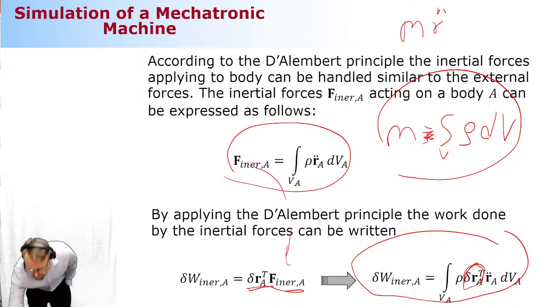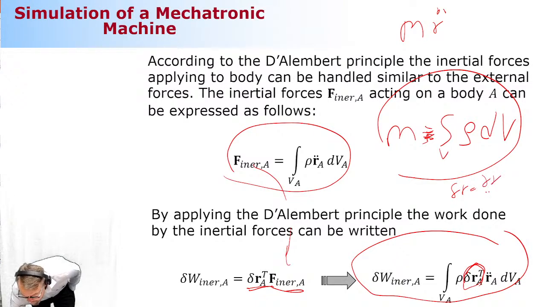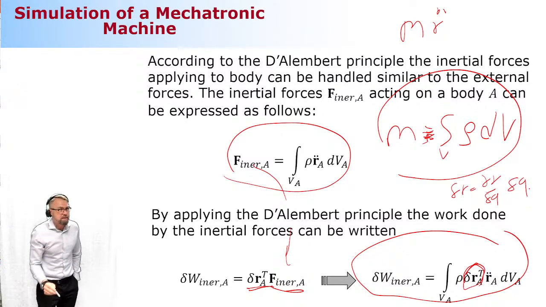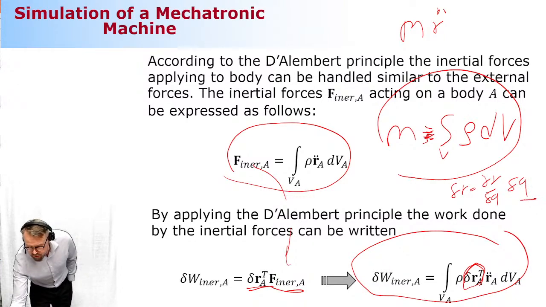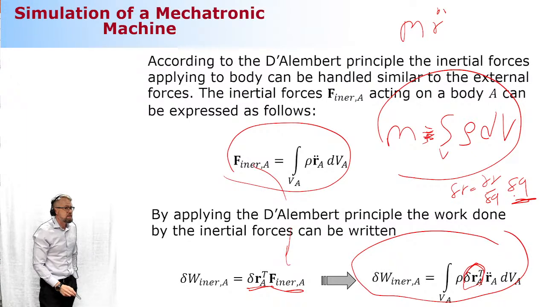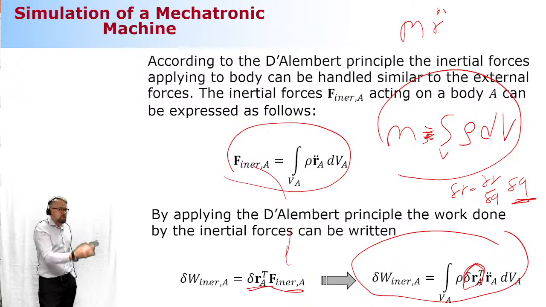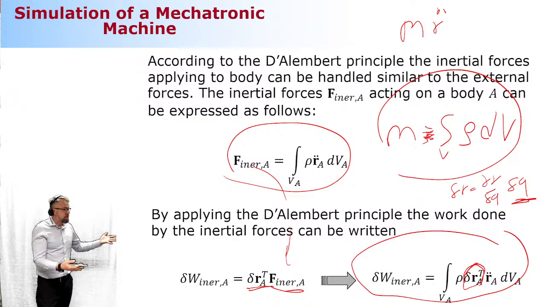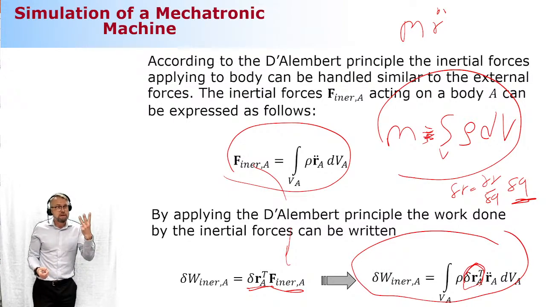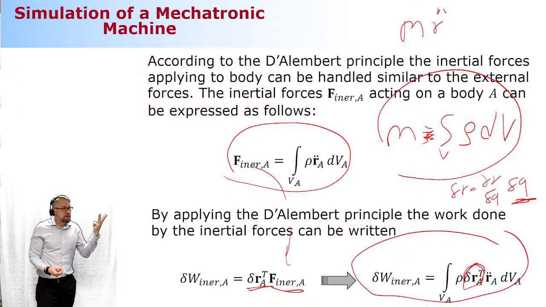I want to use the relation that I learned earlier today to express the virtual displacement using generalized coordinates, because then my inertial forces are expressed using generalized coordinates. And they need to be expressed using generalized coordinates because my external forces are already in those coordinates. I need to make them match.